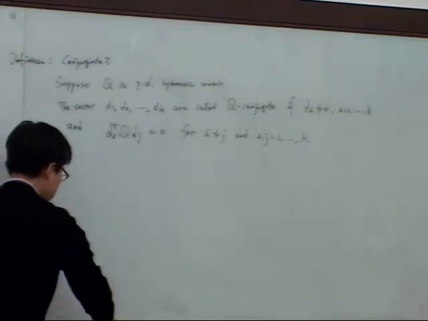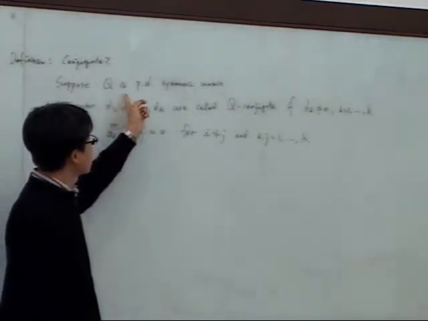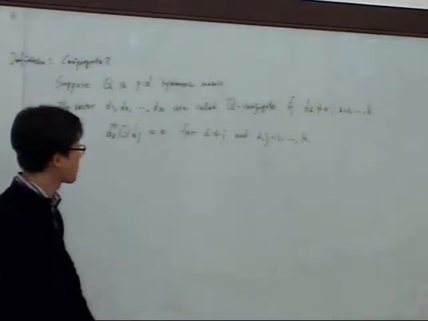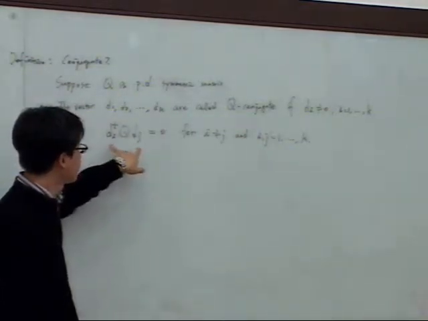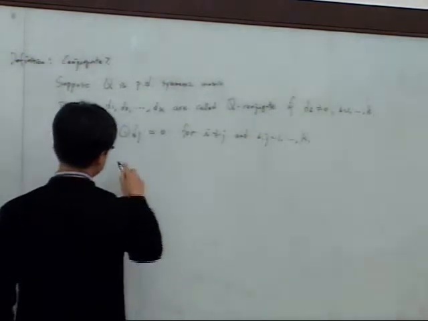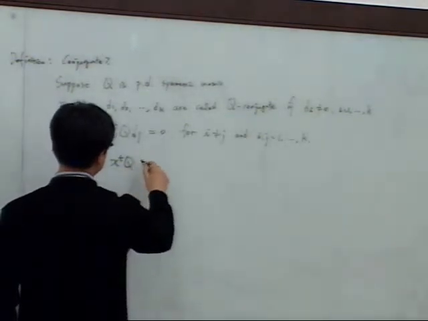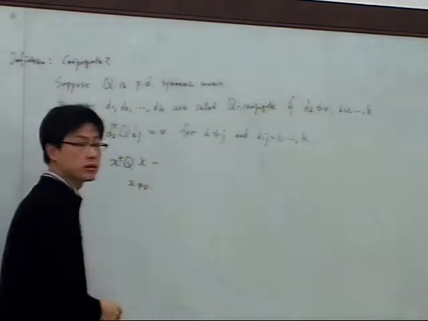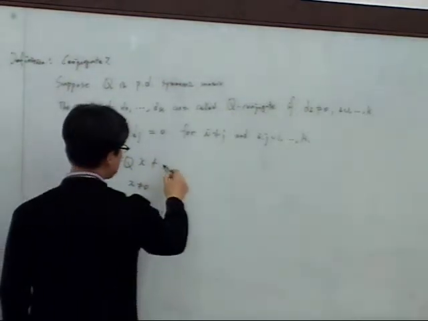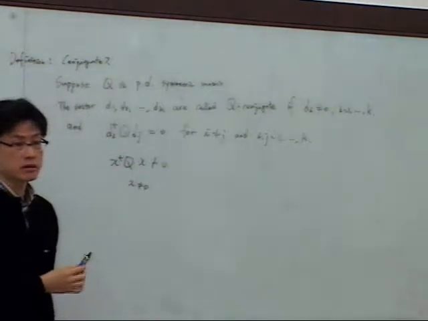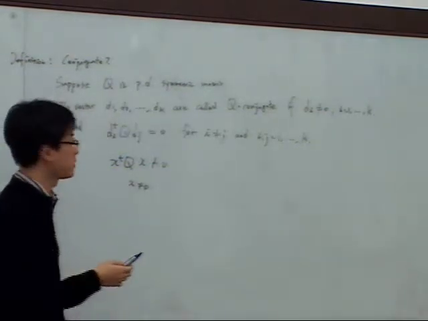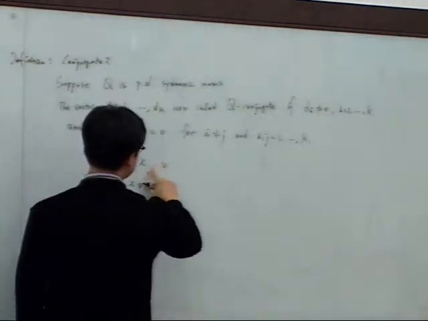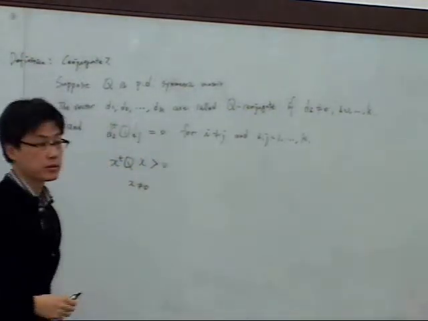Let me ask you a question. Since Q is positive definite, if we take the same non-zero vector on both sides, then this should not be zero, right? That's the definition of positive definite. It should be greater than zero.